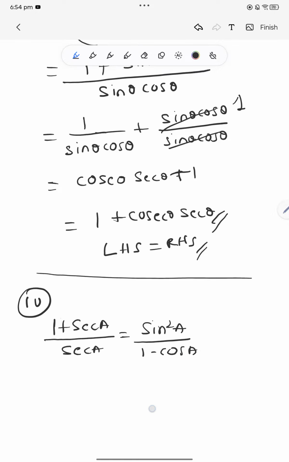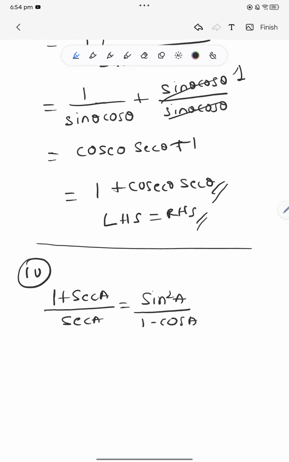Here no hint is given. What is the hint? Simplify the LHS and RHS separately.